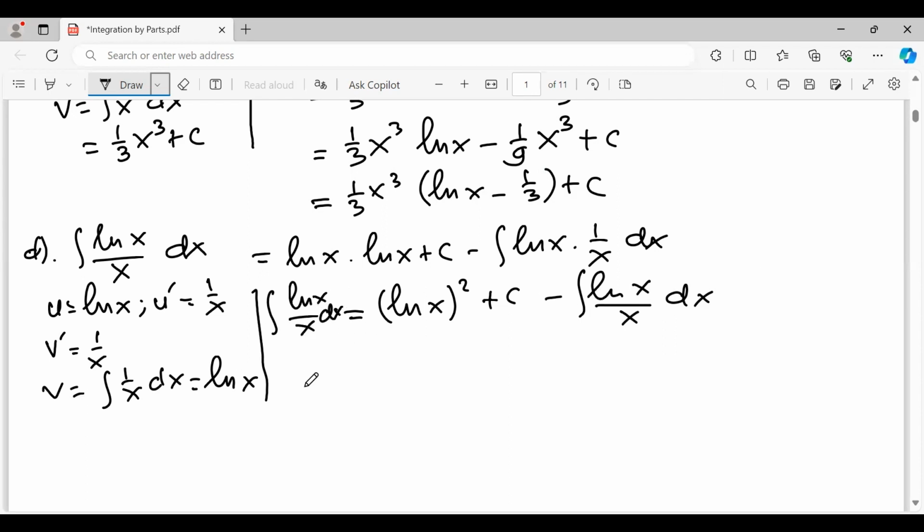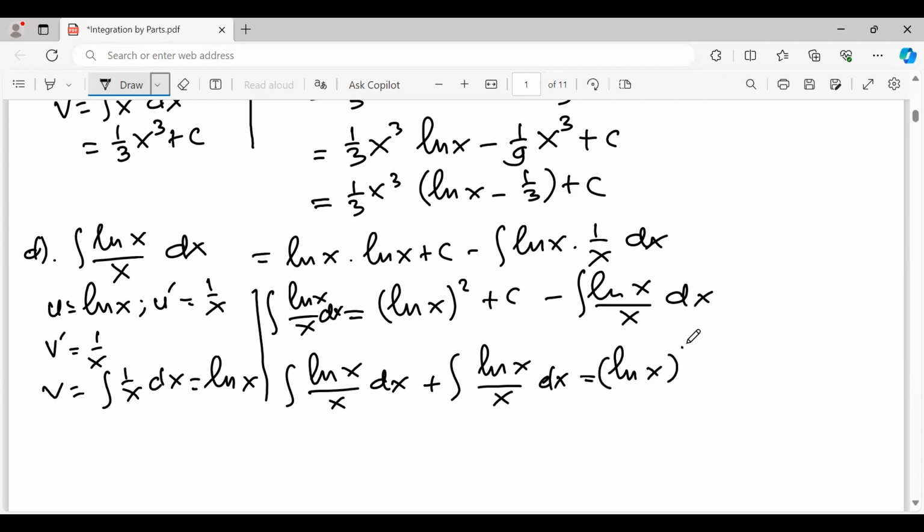When we move it here to the left, plus integral ln x over x dx equals ln x squared plus c, so 2 integral ln x over x dx equals ln x squared plus c.